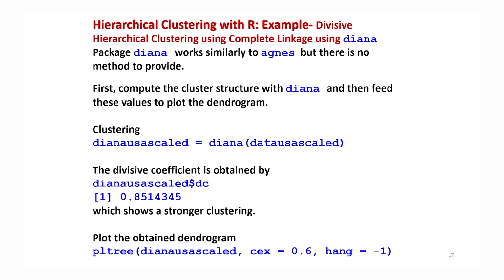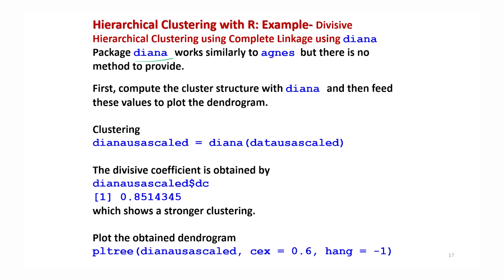And now we would also like to see that instead of the agglomerative method, if you try to use the divisive method, then what happens? So we use the package here, diana, and actually this also works just like AGNES. There is not much difference in the way it is going to be implemented, right?